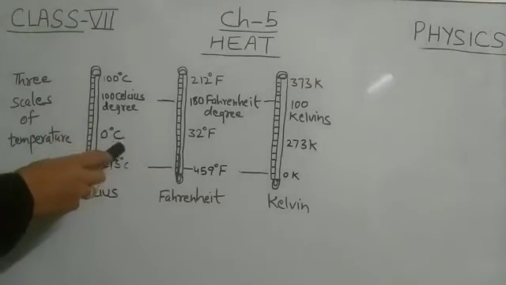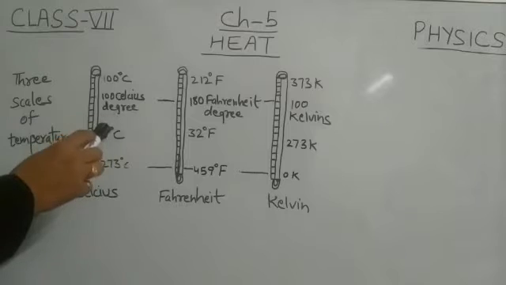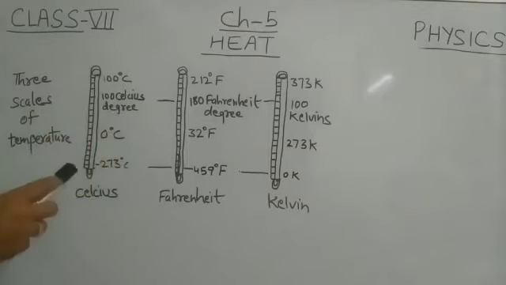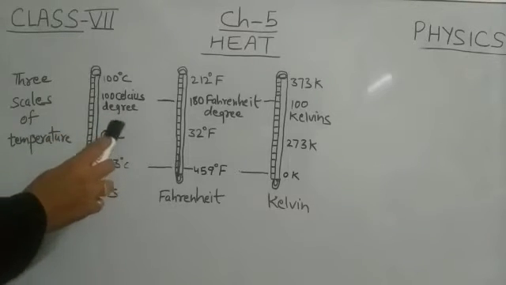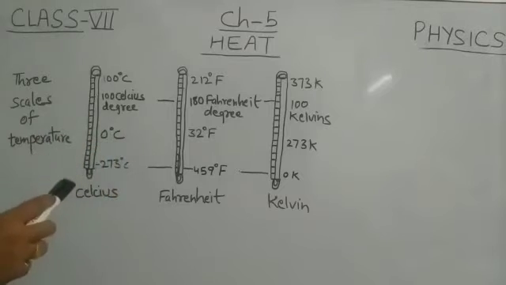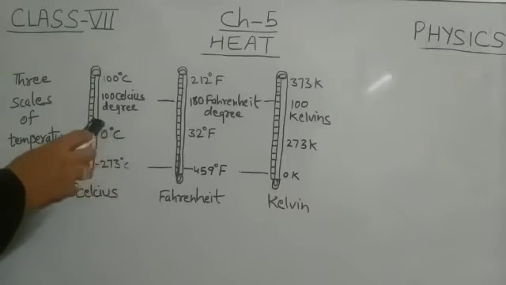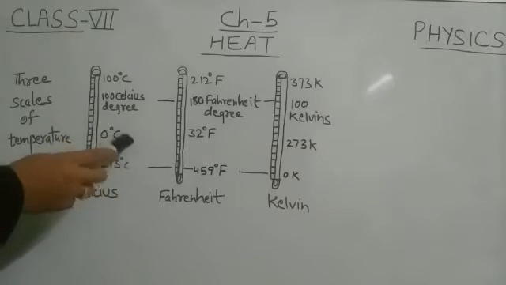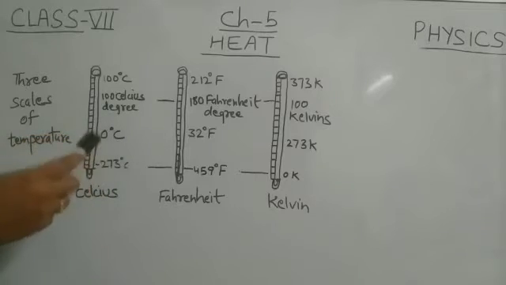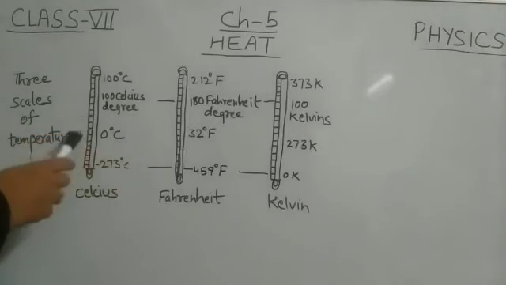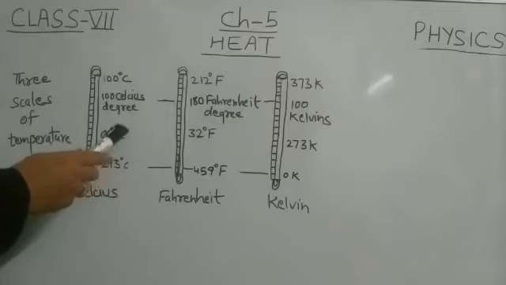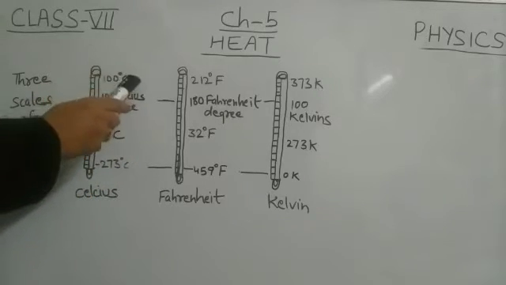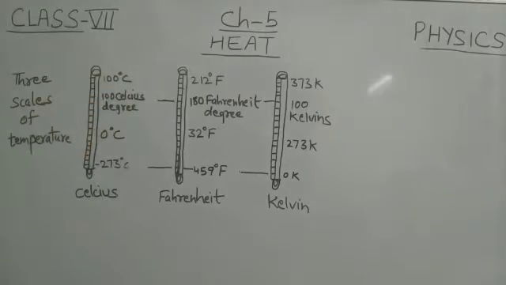In this unit, this small zero is called degree and this letter C denotes Celsius. Okay, so the unit is read as degree Celsius. In this scale, 0 degree Celsius is called lower fixed point and 100 degree Celsius is called upper fixed point.